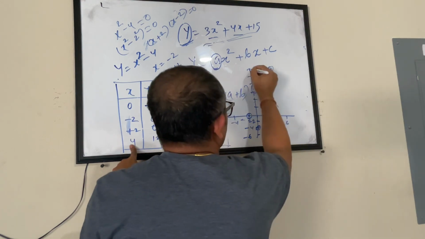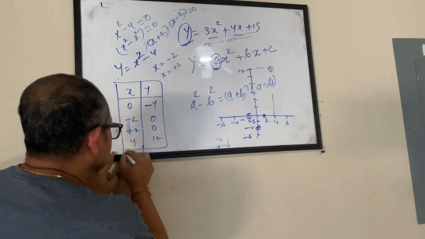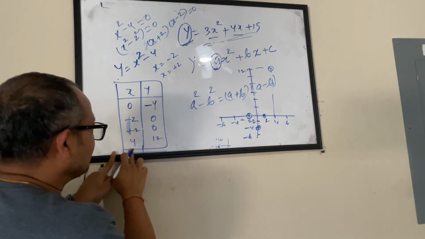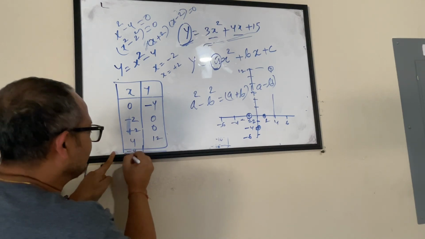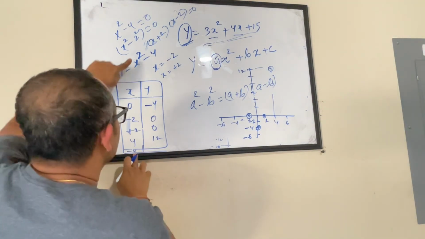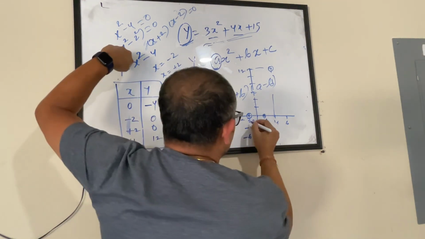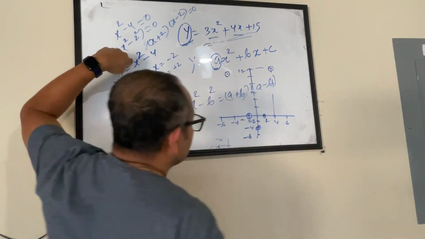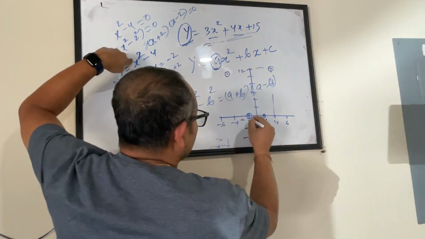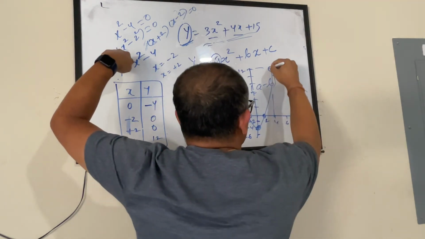Let me put x equals minus 4. Let's see what happens. Again, same thing, y equals 12. So you will see there's another point like this. So now you got 1, 2, 3, 4, 5 points. Just join them. This became your parabola.